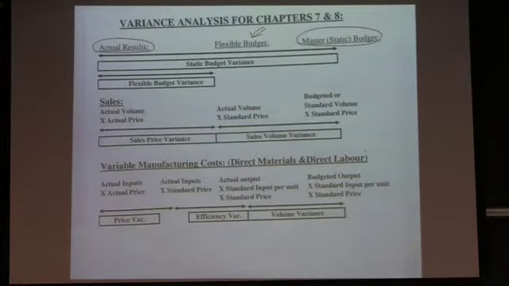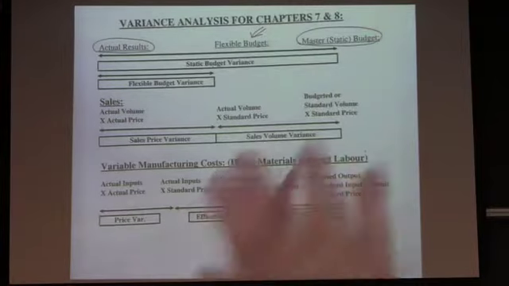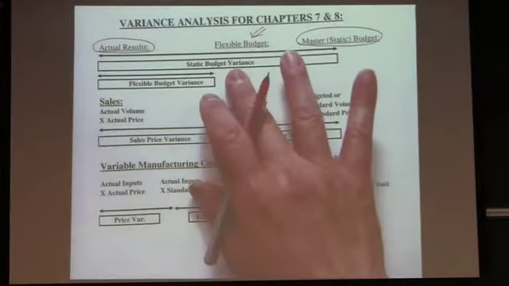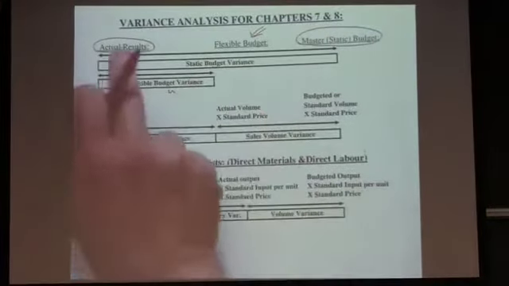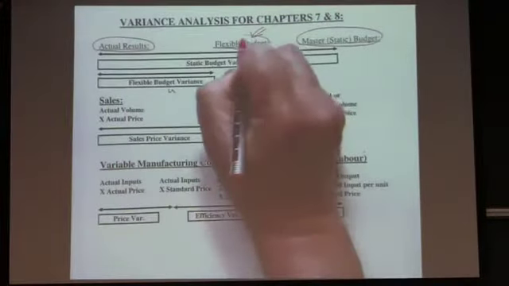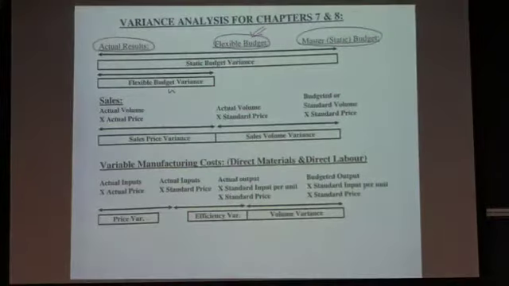Had we known we were actually going to produce 450,000 kilograms of chocolate chips supreme, the next question is, what would have been the flexible budget? The difference between the flexible budget and actual results is the flexible budget variance.